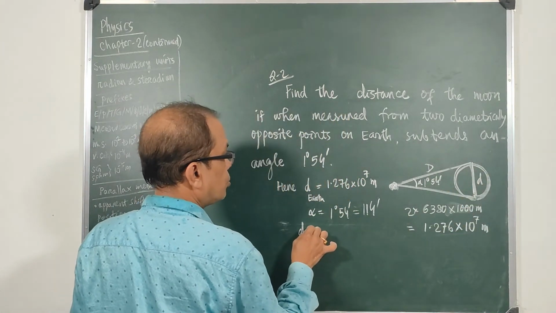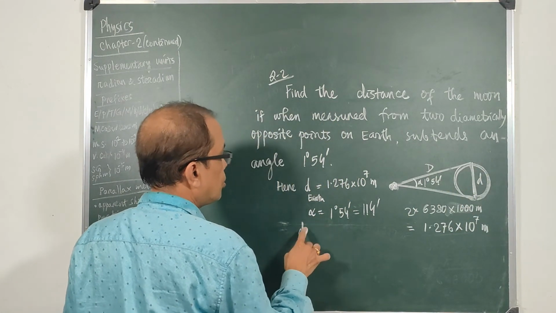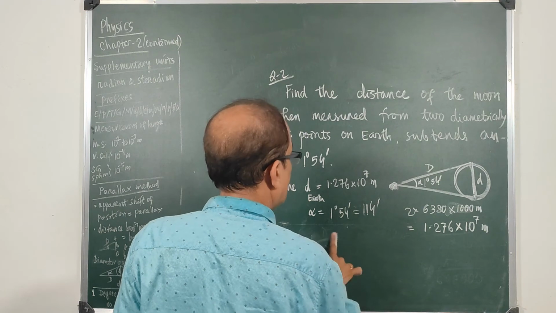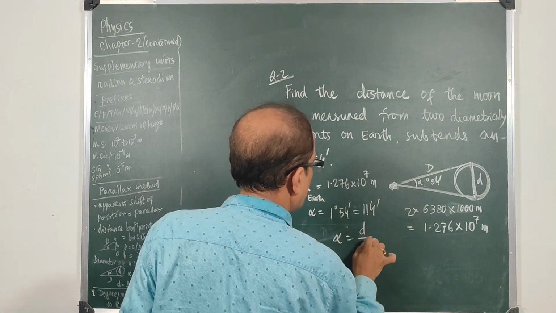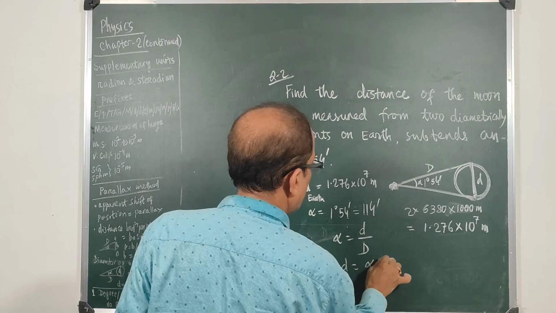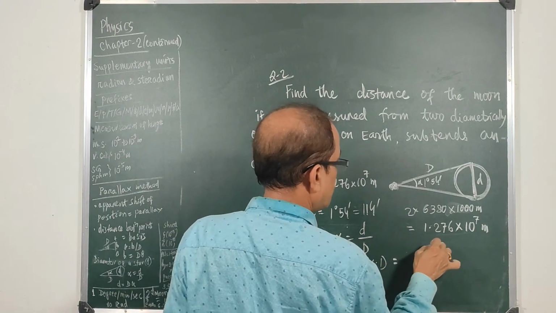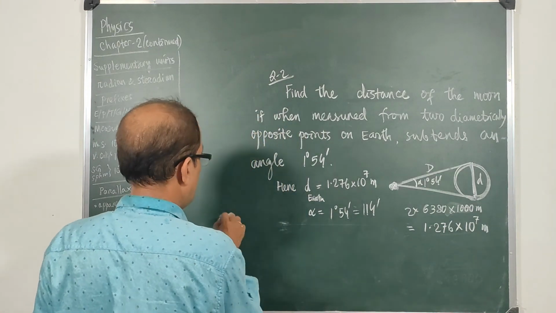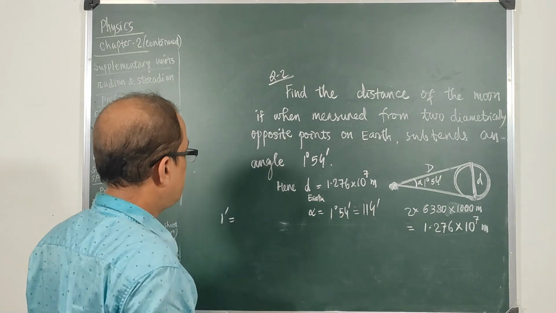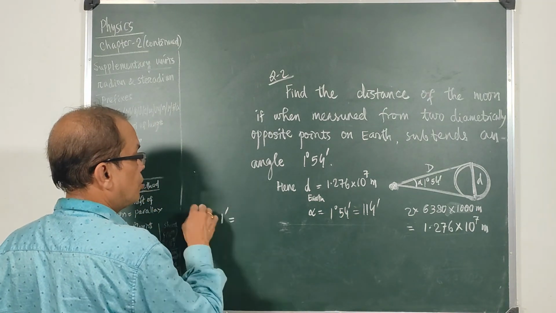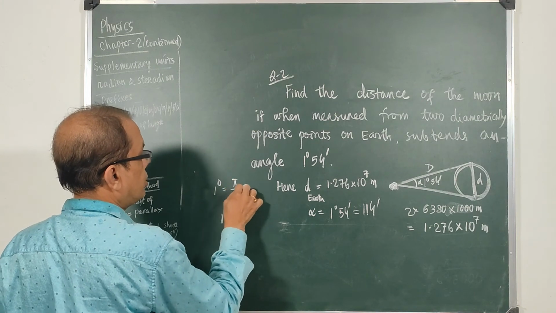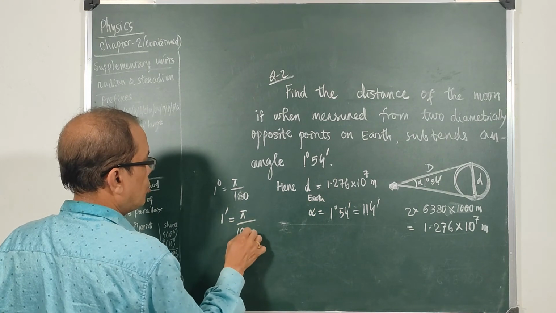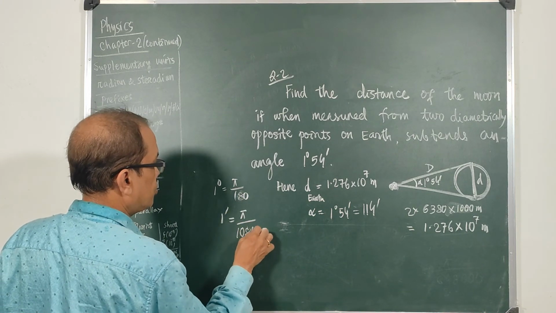So D is equal to, we have alpha is equal to d upon D. So D is equal to d into alpha. So I use 114 minutes, and that has to be turned into radians. How to find that? Just a few minutes ago we studied that 1 degree is pi upon 180 radians, and 1 minute is pi by 180 into 60, so 10800.